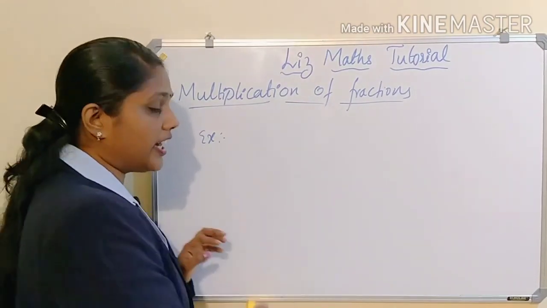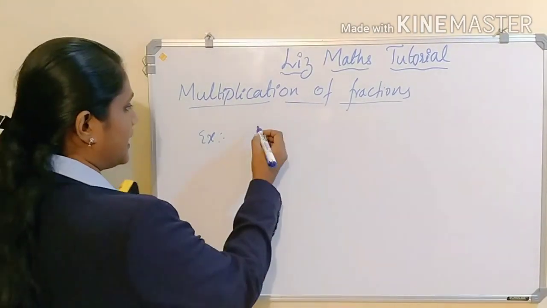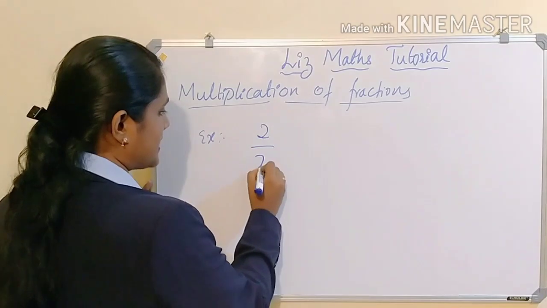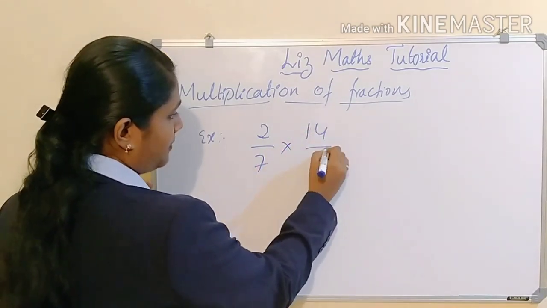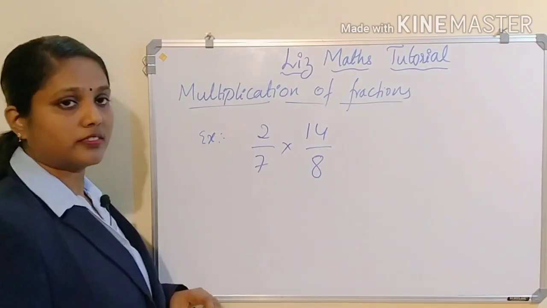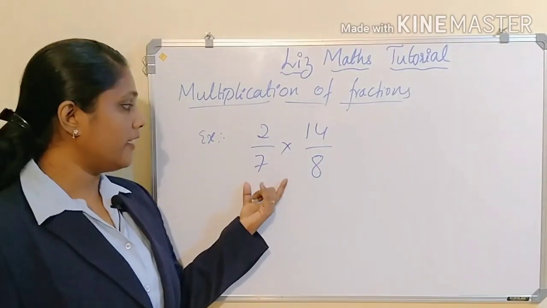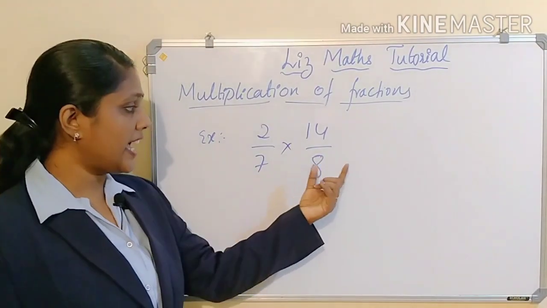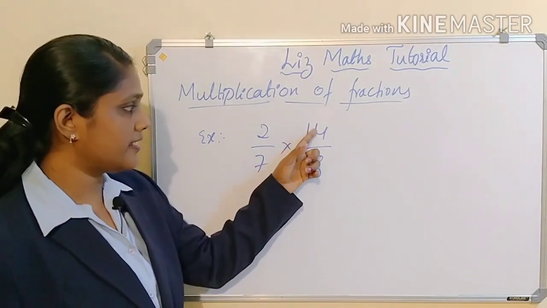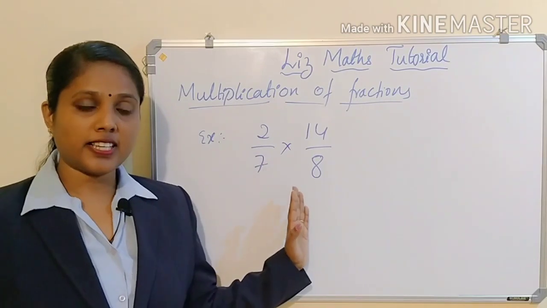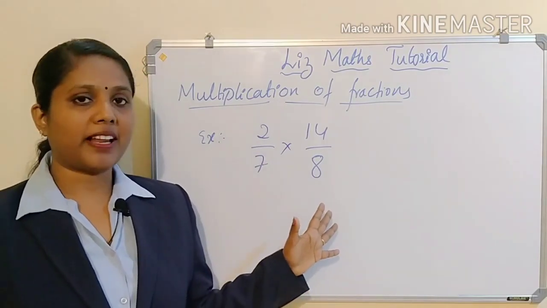See, when you have a fraction 2 by 7 into 14 by 8. Here you have a proper fraction and here you have an improper fraction, isn't it? The numerator is greater. So when we have this kind of number also, we can multiply the numbers.